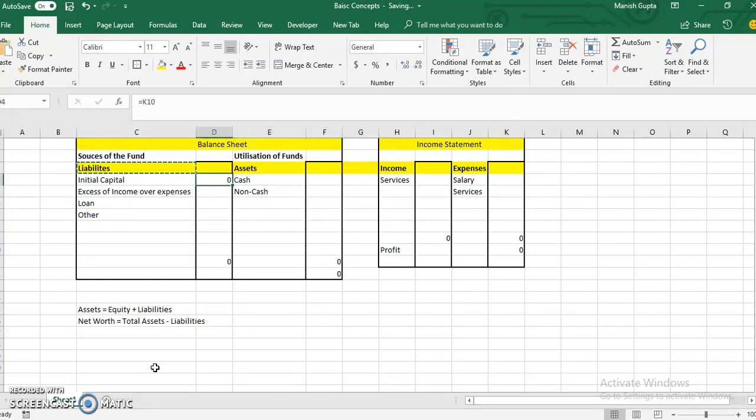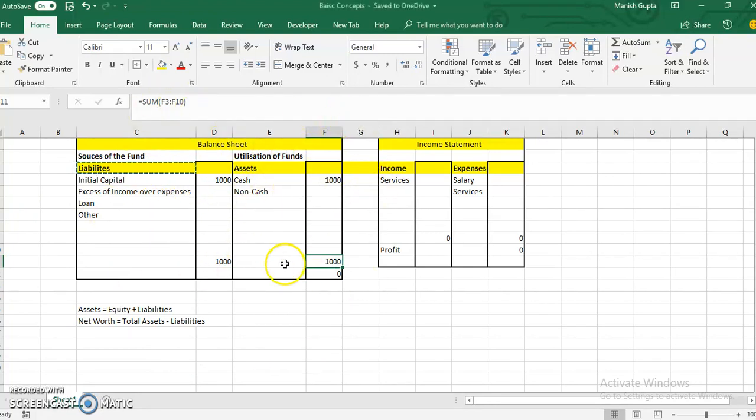Let's look at a starting example. Let's say you started the business with $10,000 in cash, so we show $10,000 in cash here. You will see the total of both sides is $10,000. In accounting terms, we call this the left side of the balance sheet, and this the right side.